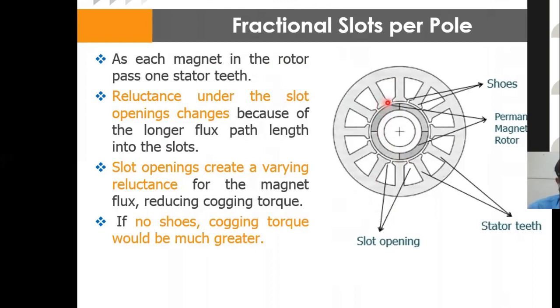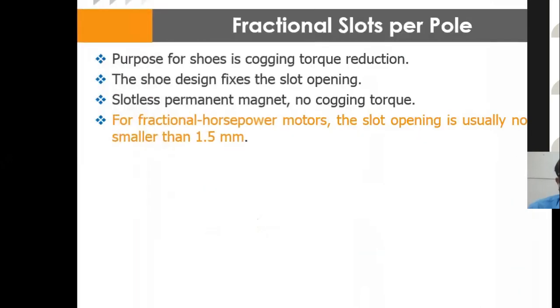If this shoe is not there, then definitely there will be more cogging torque. So you can indirectly say that this shoe is also helping in reducing cogging torque, because it is giving the nearest flux path, reducing the flux path distance. So the purpose of this shoe is cogging torque reduction.